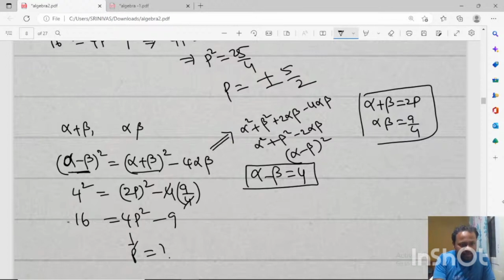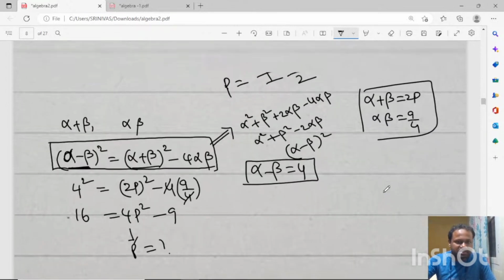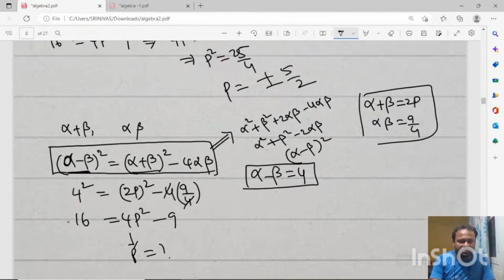The main key is this one: sum of the roots, product of the roots. Once you go through, it will be easy. That's why in the previous problem I did one more condition. These are essential and important. Further, in some of the problems we can apply them. Nice. Next.